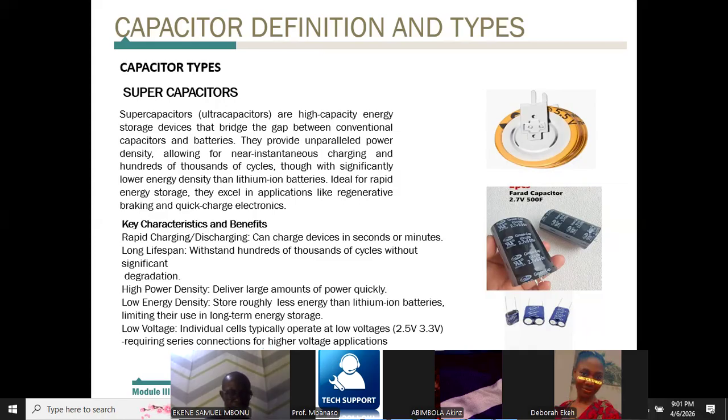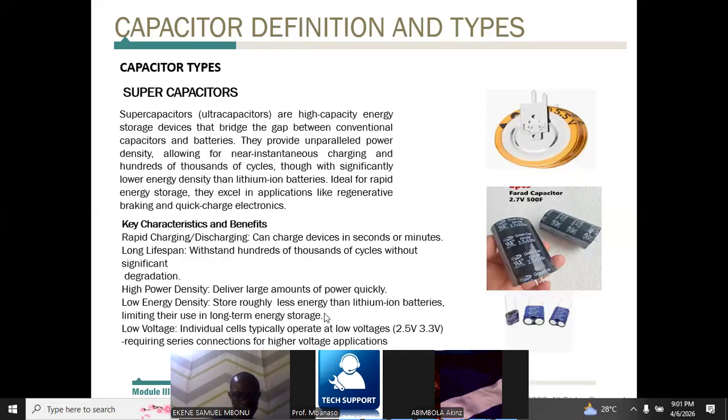So, the key characteristics and benefits: rapid charging and discharging, so they can charge devices in seconds or minutes. Long lifespan, withstanding hundreds of thousands of cycles without significant degradation. High power density, delivering large amounts of power quickly. Low energy density, storing less energy than lithium-ion batteries.